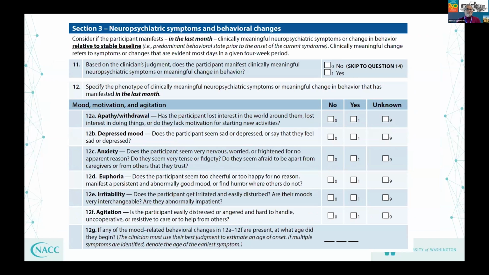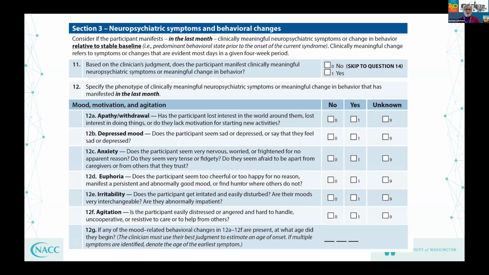And clinically meaningful change refers to symptoms or changes that are evident most days in a given 4-week period, trying to come up with a threshold so that day-to-day fluctuations in mood, for example, that happen rarely would not be rated as the symptom. So first, based on your overall judgment, is there such change? If the answer is no, you skip out. Otherwise, you are then asked to rate changes in the last month, yes or no, and we give you guidance.